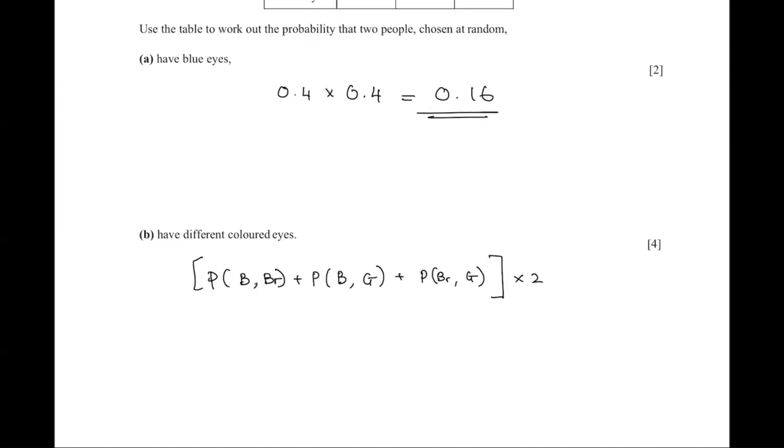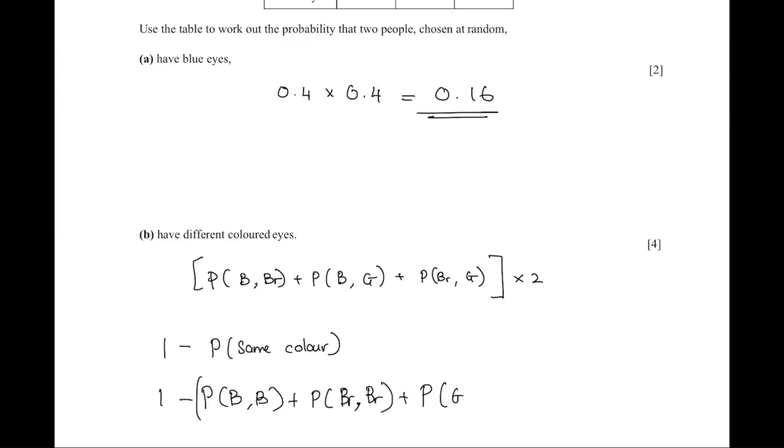If you don't want to do this, you can actually use 1 minus the probability of them having the same color. So it means 1 minus probability of blue, blue, plus probability of brown, brown, plus probability of green, green. I think this is easier.